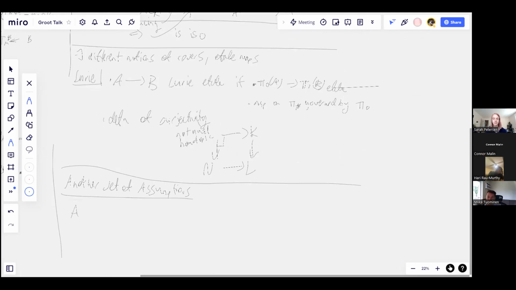Akil Matthew showed in 2016 that if A to B is étale in the sense of Lurie, this very strong notion of étale, in my view unreasonably strong, then étale descent holds.